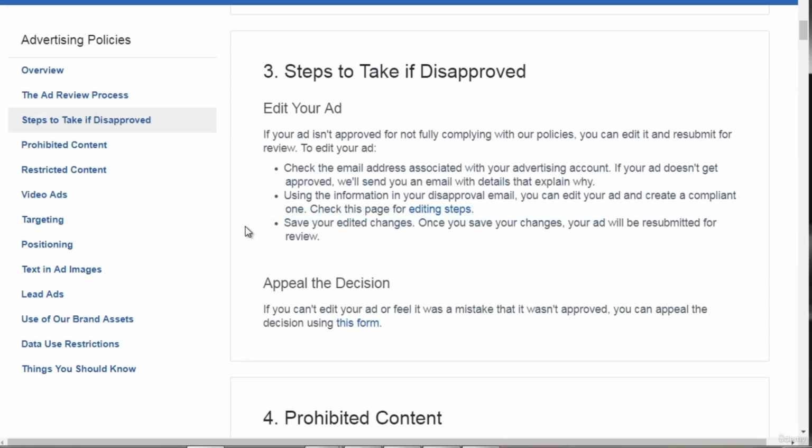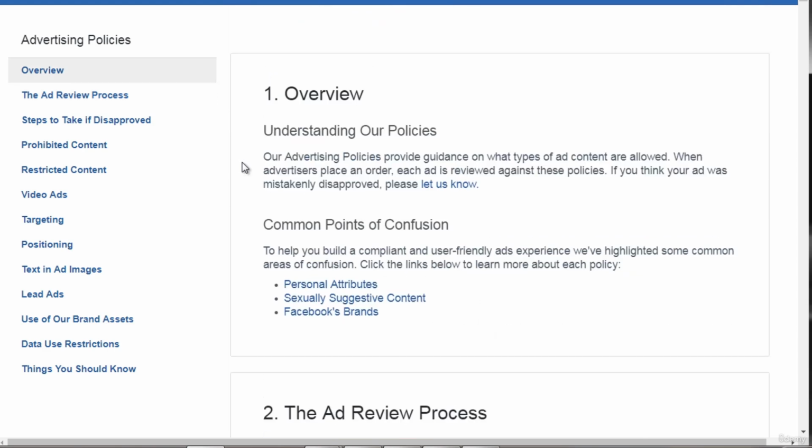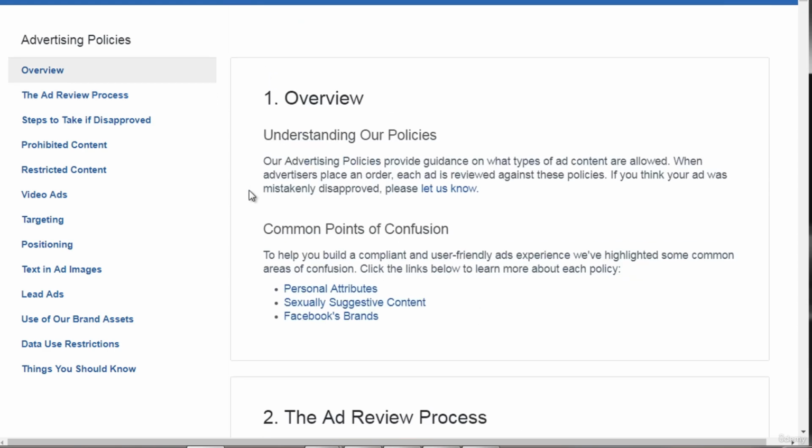Okay, so what you want to do is head on over to facebook.com/policies/ads. That's facebook.com/policies/ads. When you get to this, you're going to see a lot of advertising policies, and you want to go through these.